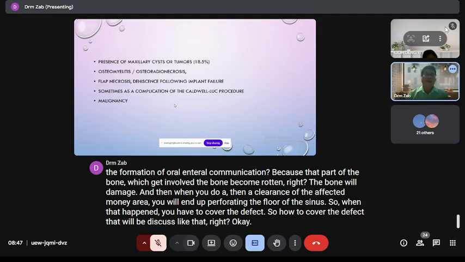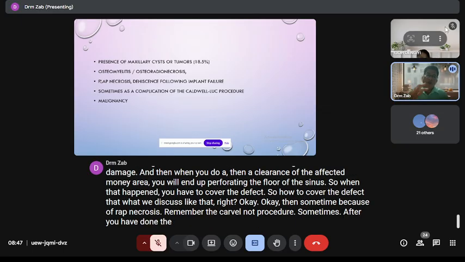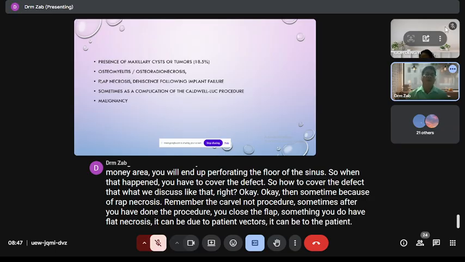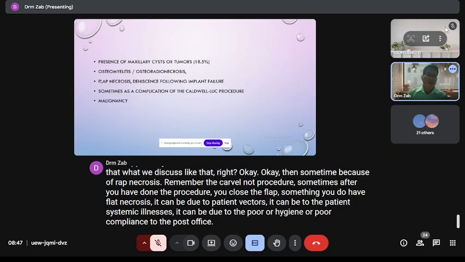Right? Okay. Then sometimes because of flap necrosis, remember the Caldwell-Luc procedure? Sometimes after you have done the procedure, you close the flap, and sometimes you do have flap necrosis. It can be due to patient factors, it can be due to the patient's systemic illnesses, it can be due to poor oral hygiene or poor compliance to the post-op instructions.